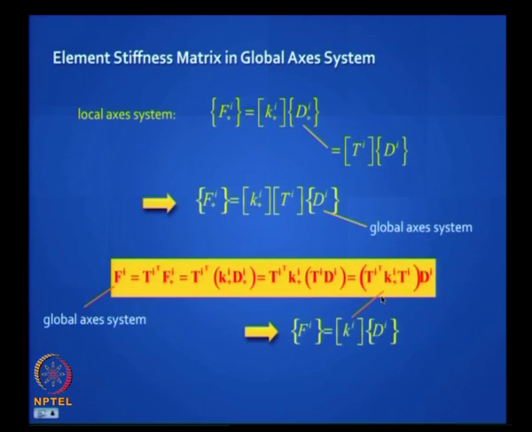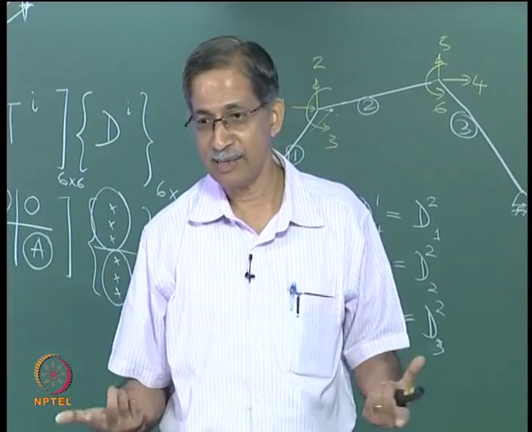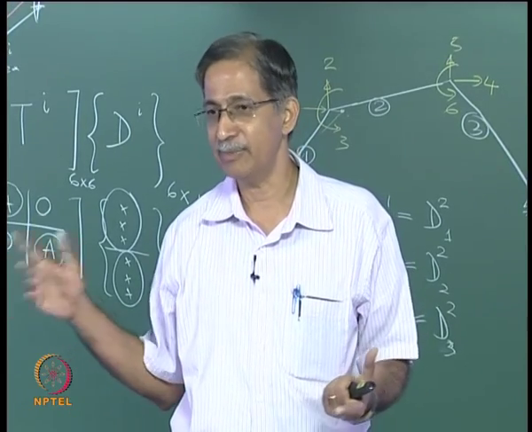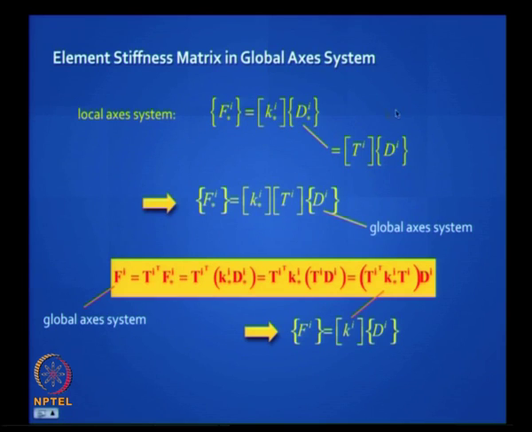So this is how you are able to derive the element stiffness matrix without the star, that is the element stiffness matrix aligned in the global axis system. Once you have the transformation matrix Ti, which you got, it is just sine and cos and maybe 1, and you have the local element stiffness matrix. This is a fundamental principle in matrices.